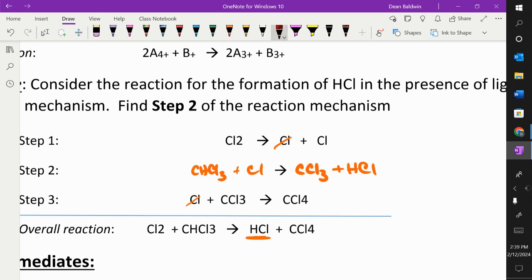So we go CCl3, CCl3, Cl. We get Cl2 plus CHCl3 goes to HCl and CCl4. There you go. Okay.